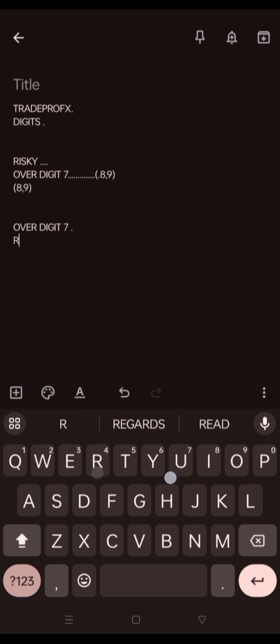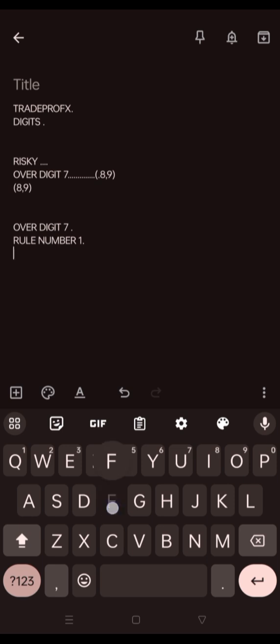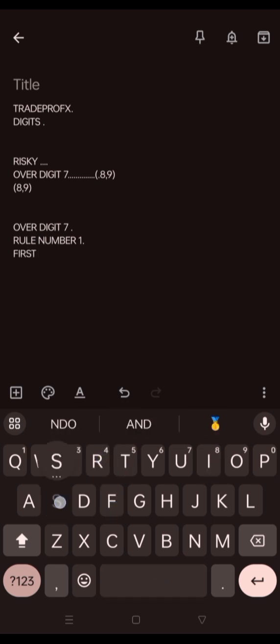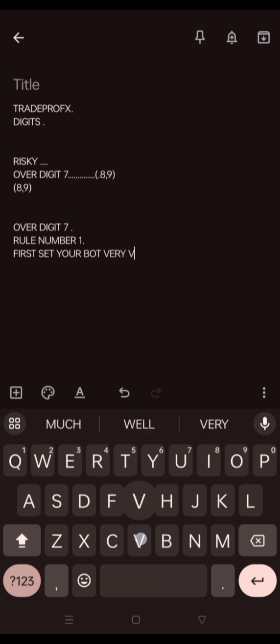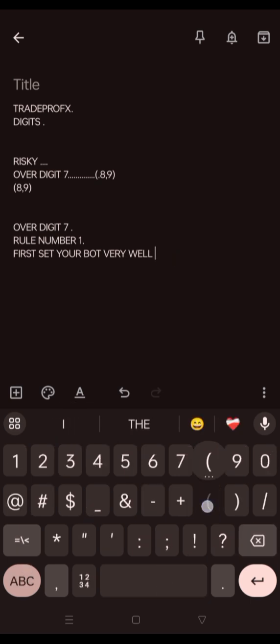So rule number 1 is checking a market. First set your bot very well with the specific market.